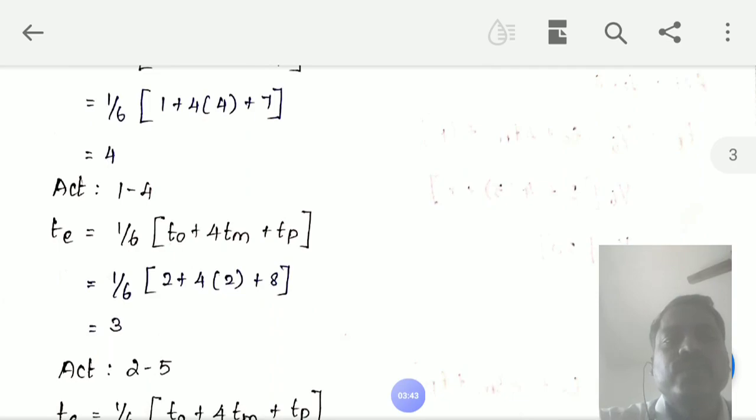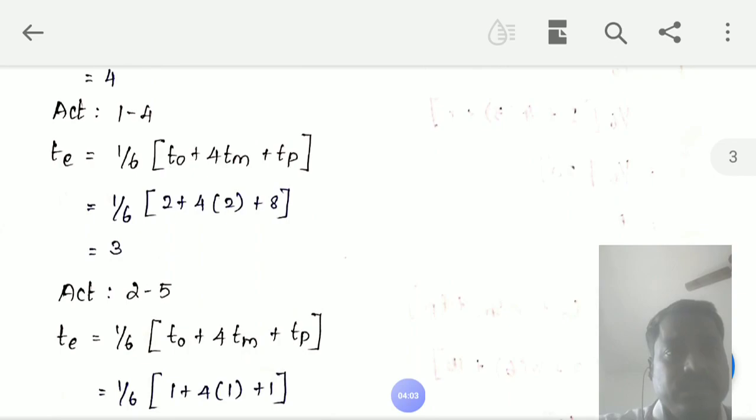The optimistic time of activity 1 to 4 is 2, the most likely time is 2, and the pessimistic time is 8. Therefore, 1 by 6 into 2 plus 8 plus 8. Therefore, the duration of 1 to 4 is 3.